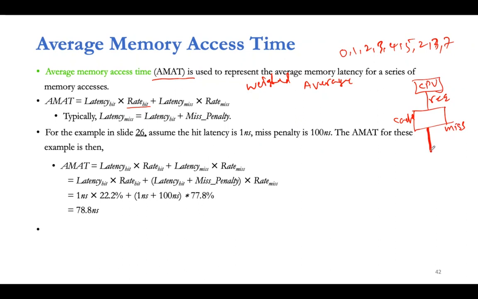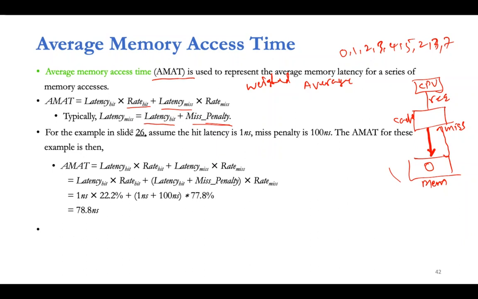Once it is missed, the request is forwarded to main memory, where the data is located and passed back. This phenomenon we call the miss penalty. So the miss latency is the hit latency time plus the miss penalty time.